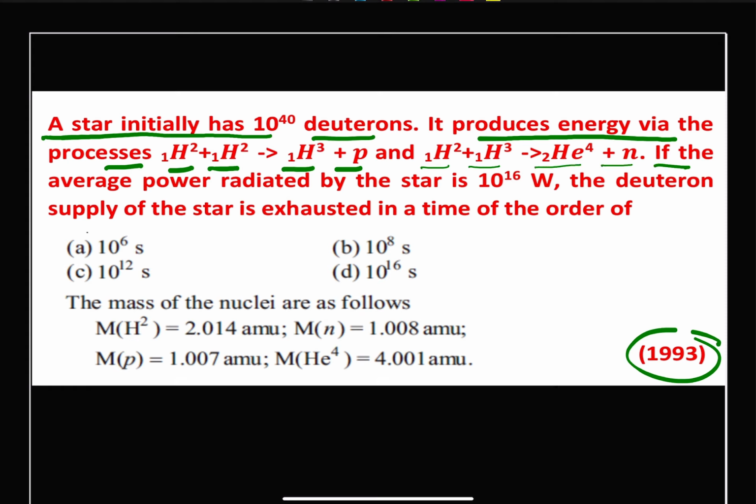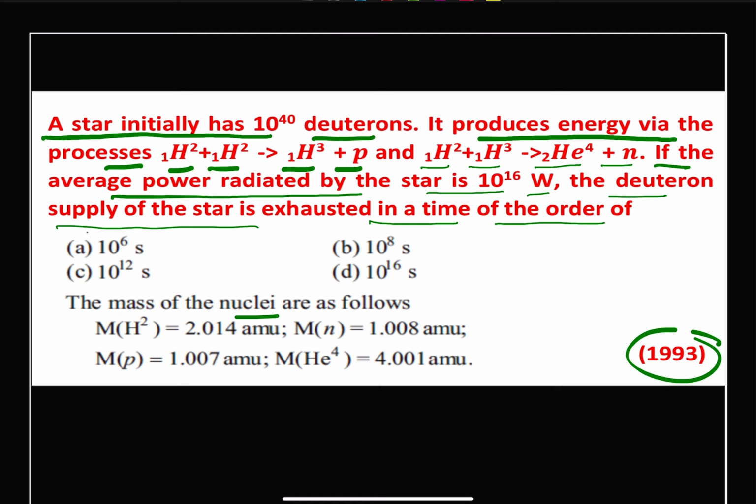If the average power radiated by the star is 10 to the power 16 watt, the deuteron supply of the star is exhausted in a time of the order of? The masses of the nuclei for H2, neutron, proton as well as helium are given to us.